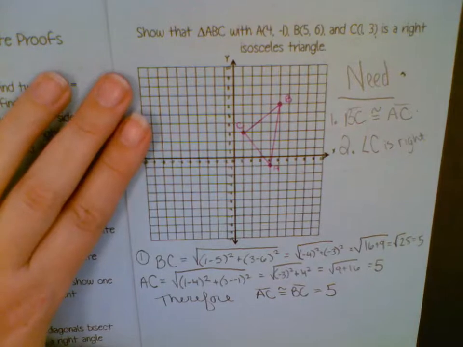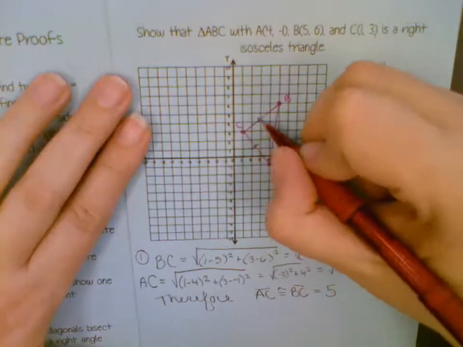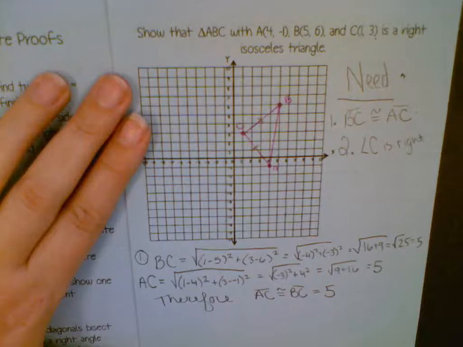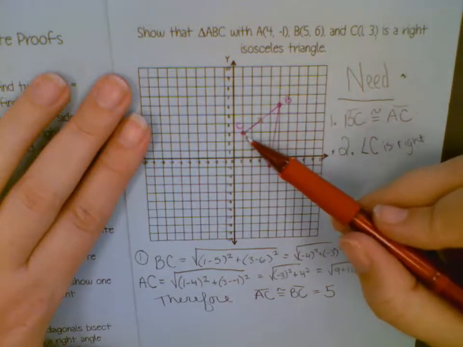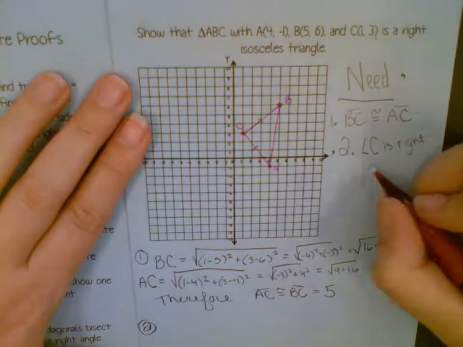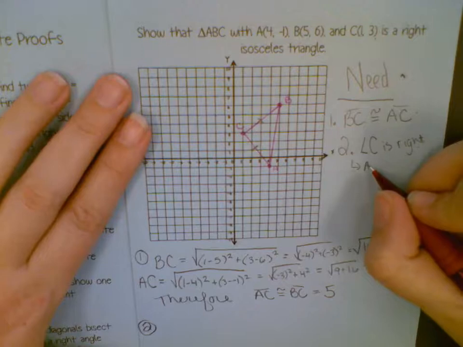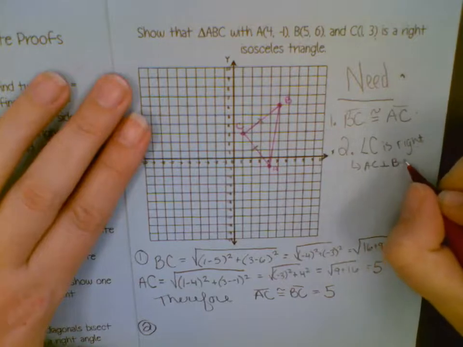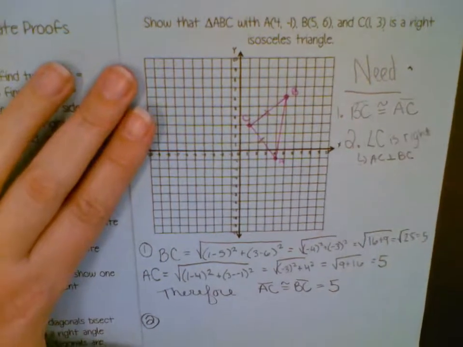Okay, so for the second part, we would need to show that it's a right angle. So that means that these two lines would have to be perpendicular. AC perpendicular to BC. Okay, so we need to find their slope.